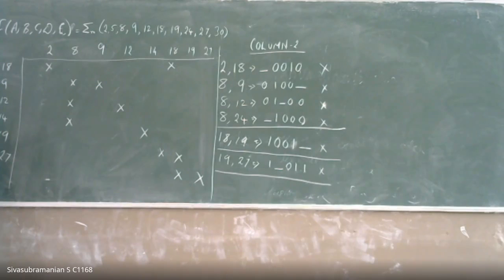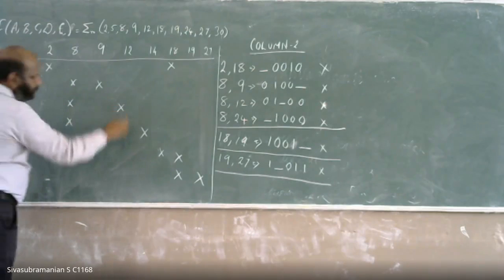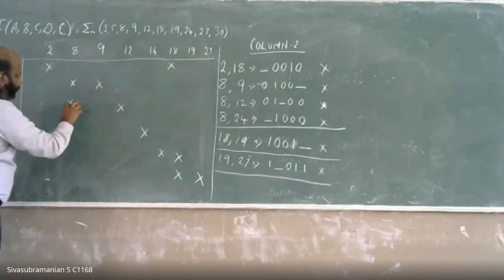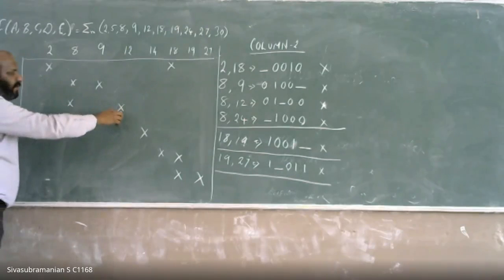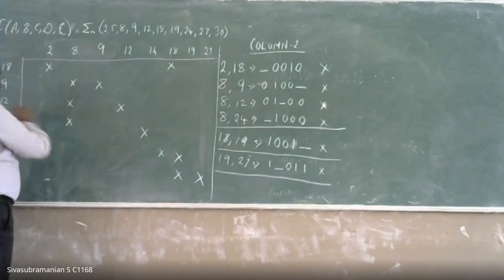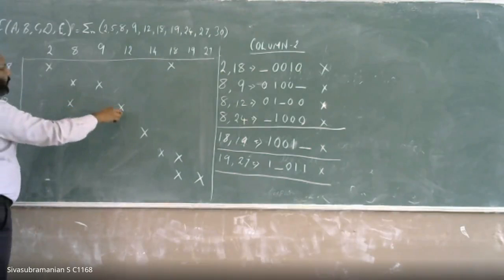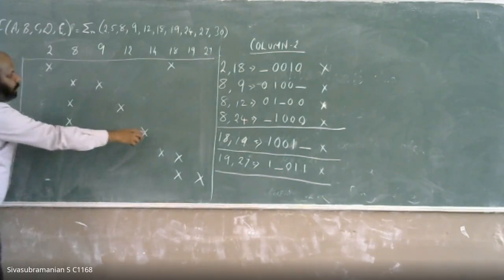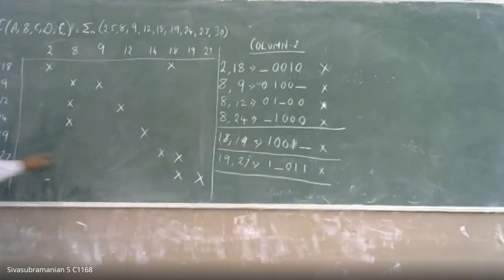So this is an essential prime implicant. And here again, yes, it's an essential prime implicant, because here it's okay, but this is available only once. If I remove this complete row, my 12 is available only once. So that cannot be done. Again here, 8 comma 14, 14 is available only once. So of course, it's mandatory.